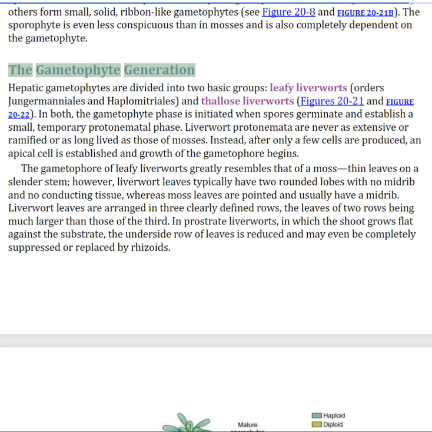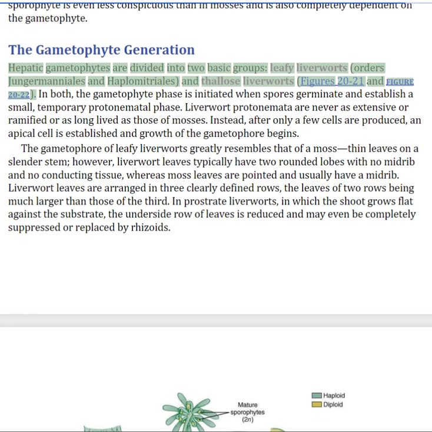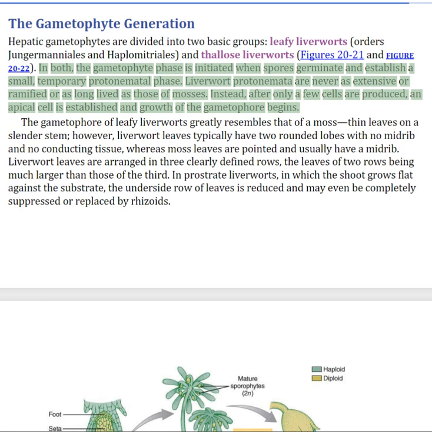The gametophyte generation. Hepatic gametophytes are divided into two basic groups, leafy liverworts and thallose liverworts. In both, the gametophyte phase is initiated when spores germinate and establish a small, temporary protonematal phase. Liverwort protonemata are never as extensive or ramified or as long-lived as those of mosses.